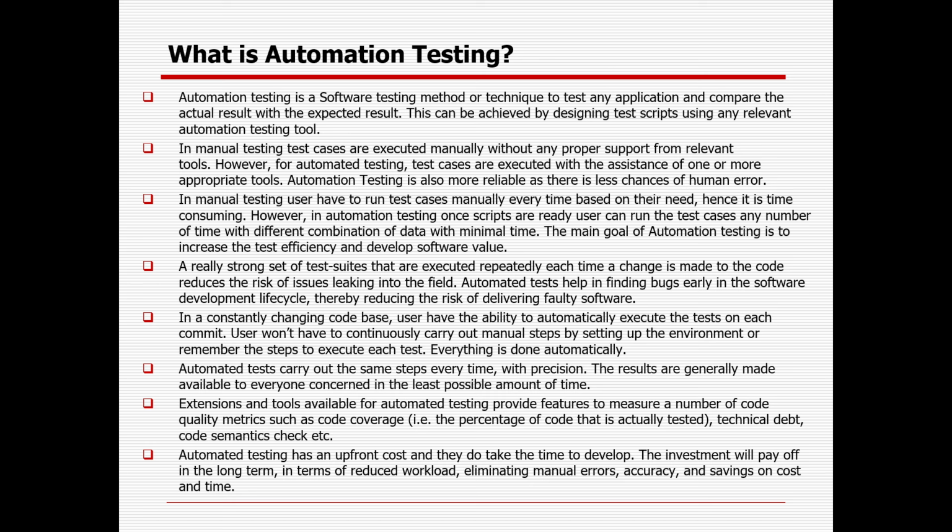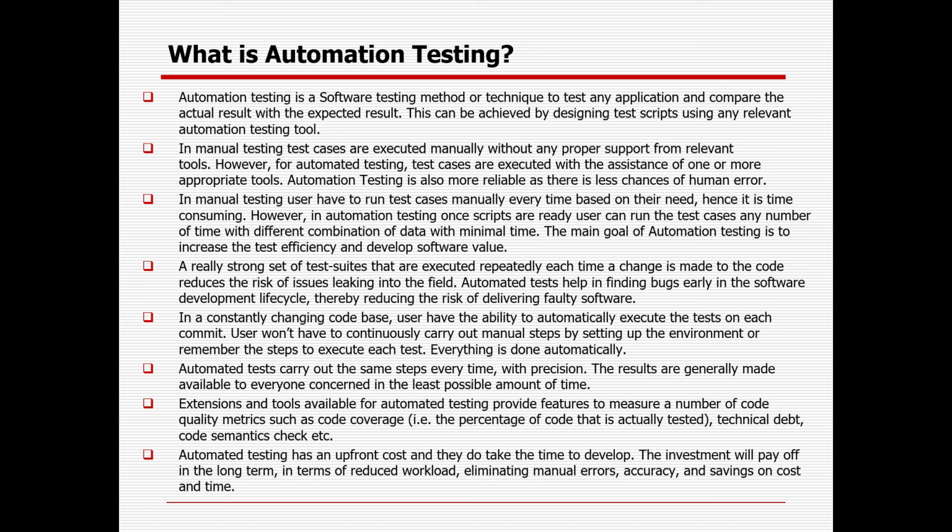However, for automated testing, the test cases are executed with the assistance of one or more appropriate tools. Automation testing is more reliable as there is less chance of human error. In manual testing, users have to run test cases manually every time based on their need. Hence, it is time consuming.